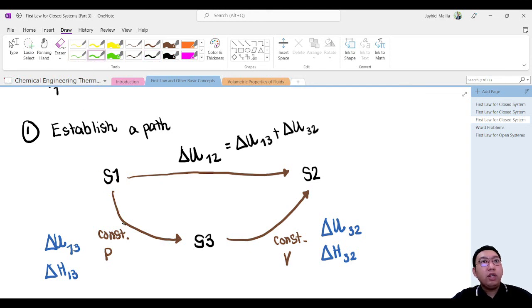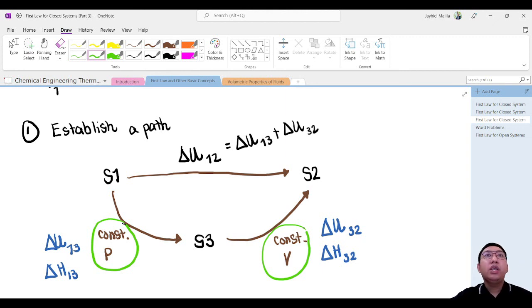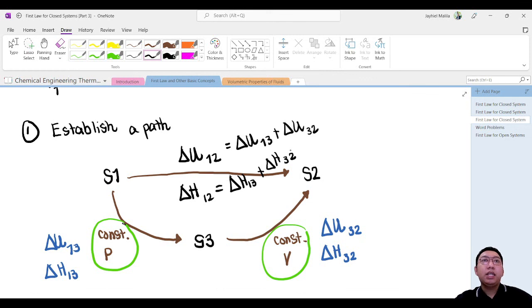The declaration of the constant pressure and the constant volume are important, because that will force us to use the established equations that relate the delta U, CV, CP, temperature, and delta H. Okay, so likewise, delta H 1,2 is equal to delta H 1,3 plus delta H 3,2. Okay, so that holds true.